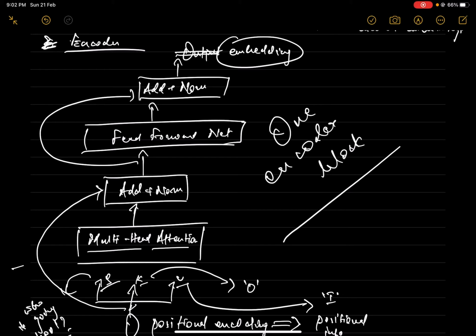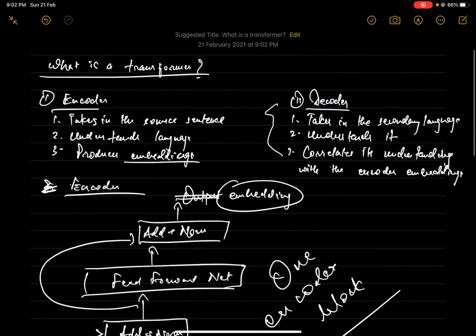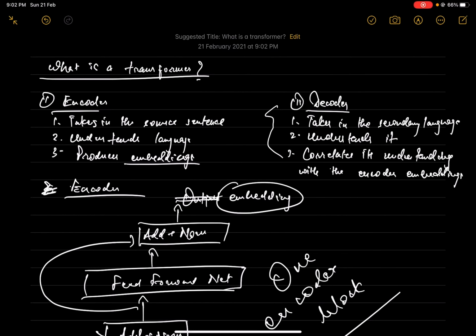Now what is an encoder? An encoder is simply a stack of these encoder blocks. In the paper, they have said they have used 6 encoder blocks to make one encoder. I forgot to mention the paper in which this transformer was introduced. It is known as Attention is All You Need.